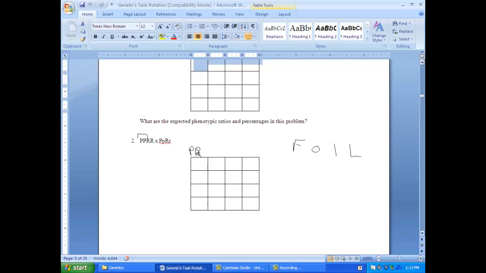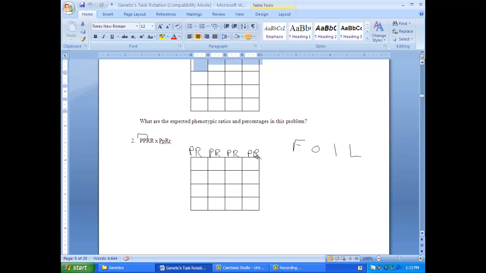So whatever the combination is, they're all going to be capital alleles. So I can go right across and say big P, big R, big P, big R, big P, big R. Because any combination that you do here with the P's and R's results in dominant alleles.